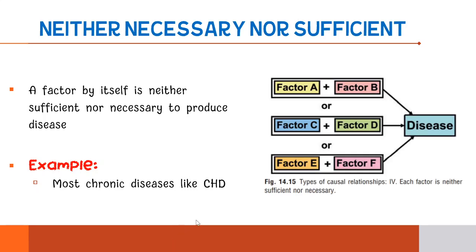Let us look at the design of your neither necessary nor sufficient. Kumbaga, daghan siya og factors but in a different combinations in order for the disease to occur. Diba? If you try to look at per box there is inyong design, so kani si factor A and factor B, it could lead to the disease.